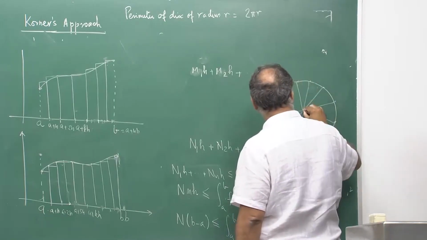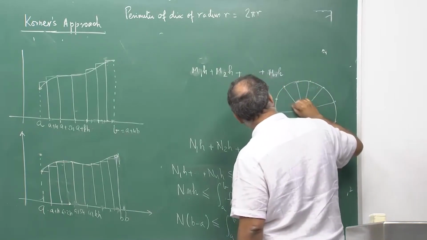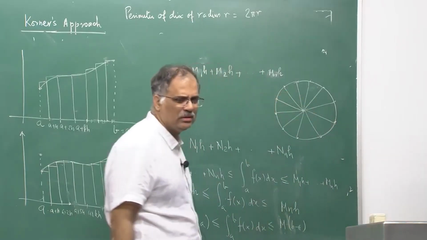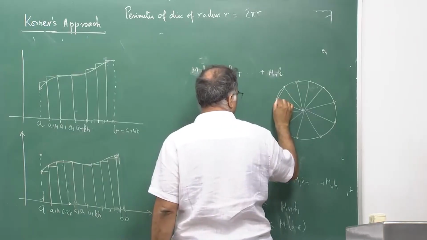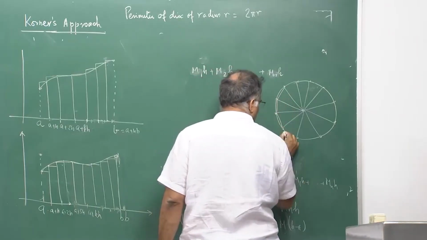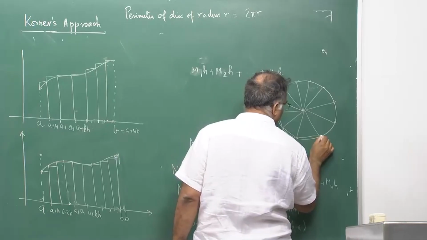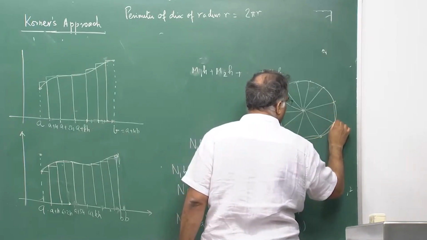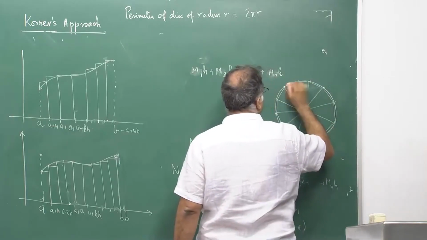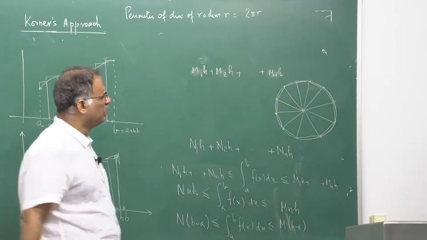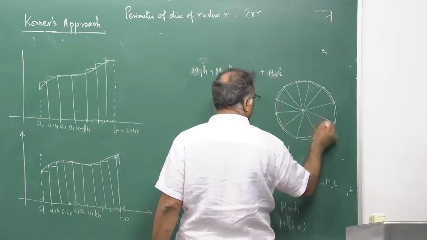So historically integration came much earlier than the notion of the derivative. Now he joins the adjacent points with chords. So what you get is a polygon, but some area of the circle is left out.